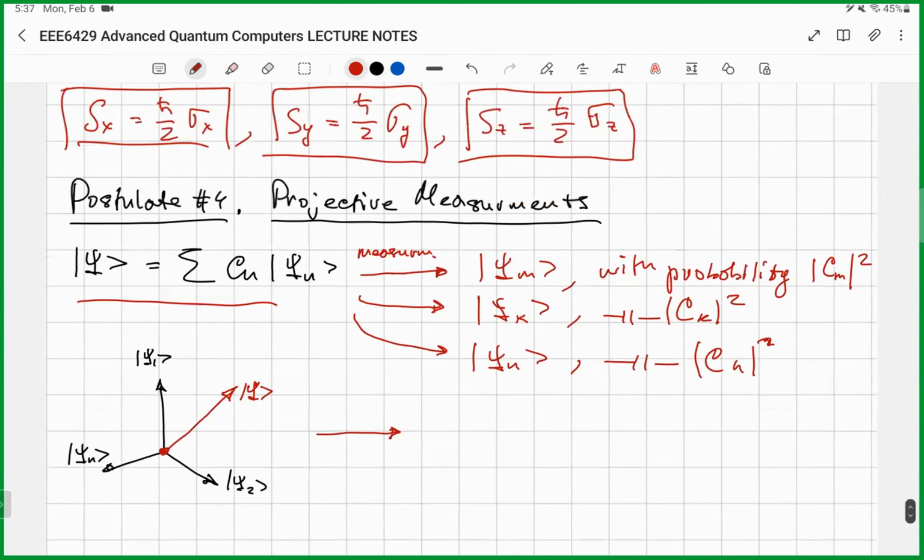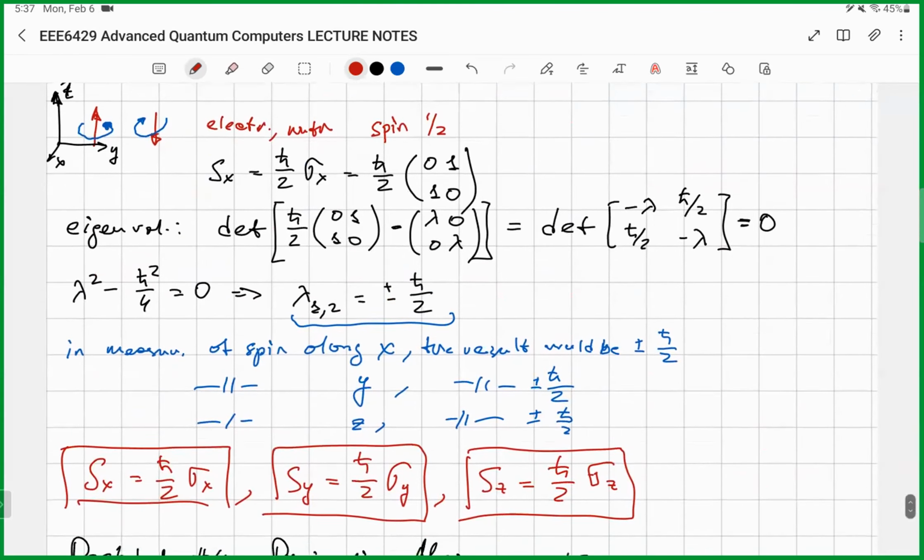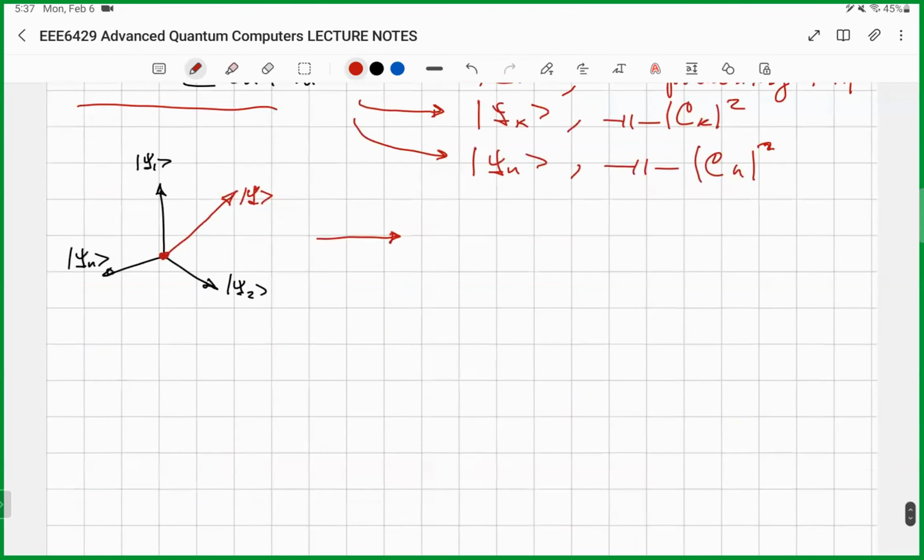For example, in this example that we discussed just 5 minutes ago, the Hilbert space is two-dimensional, so you have only psi 1 and psi 2, which correspond to the direction of the spin, either up or down.